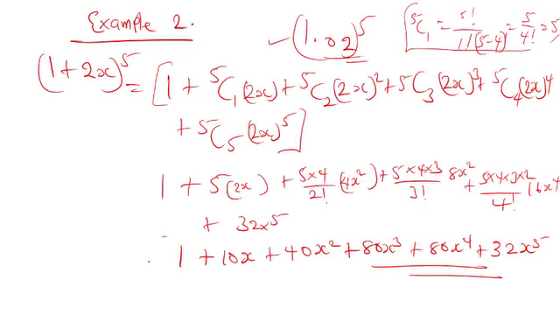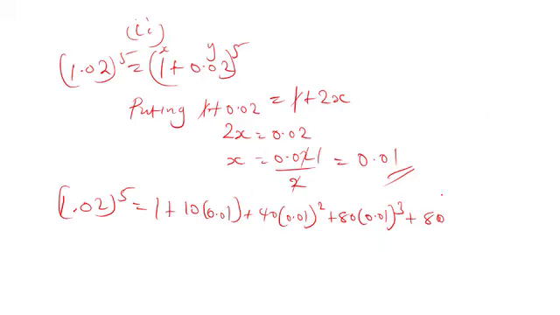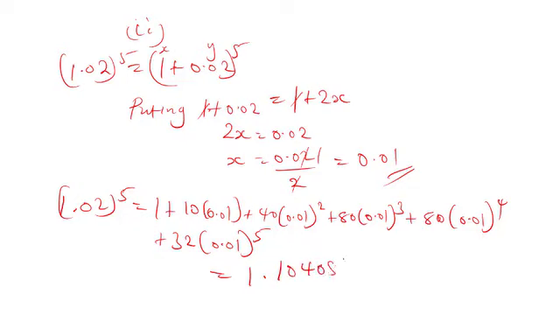This is the equation we are using in substituting the value of x. So plus 80 0.01 raised to the power 4, then plus 32 raised to the power 0.01 raised to the power 5. So the value becomes 1.10408. If you do the punch in your calculator, you discover that the value of this is equals 1.10408.